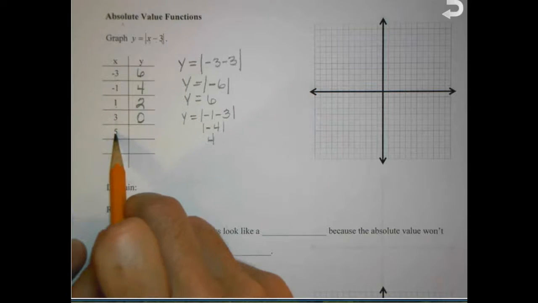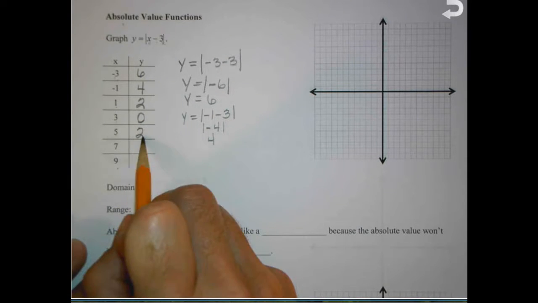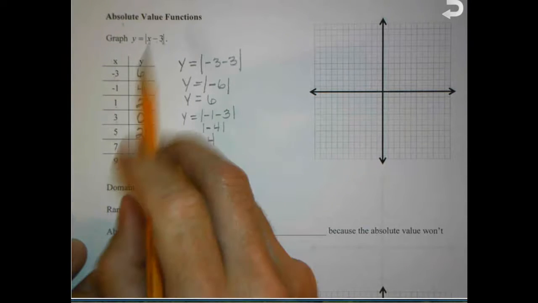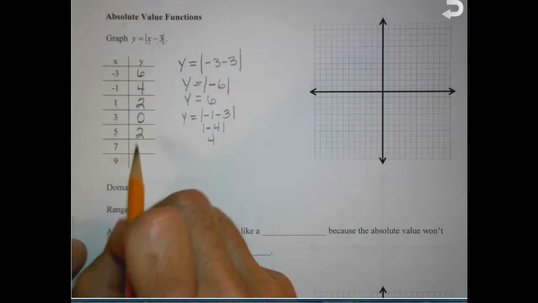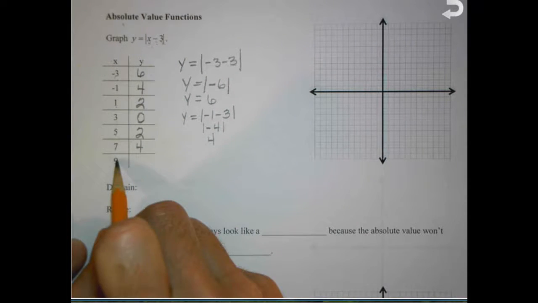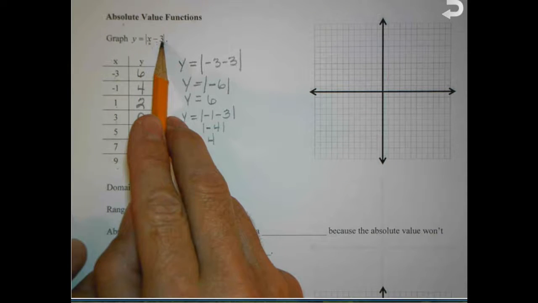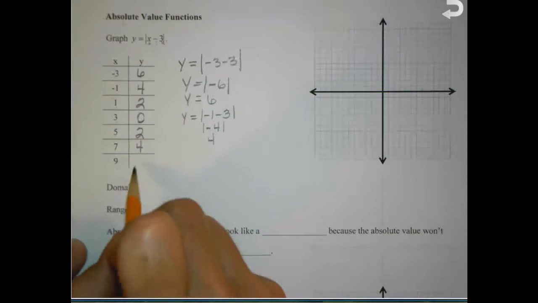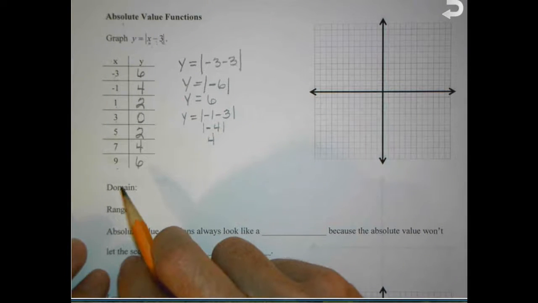Put a 5 in. 5 minus 3 is 2. The absolute value of 2 stays 2. 7. 7 minus 3 is 4. Take the absolute value, and it's still a +4. 9. If I put 9 here, 9 minus 3 is 6. Take the absolute value of 6. It's still 6. And then I've got my xy table filled in.